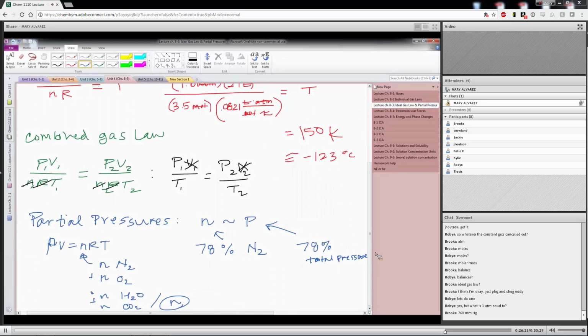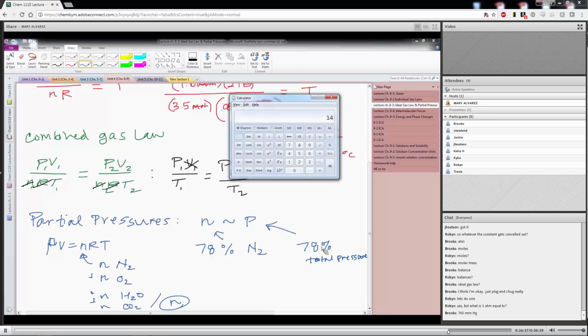So if, for instance, the air pressure on our skin at any given time is 14 pounds per square inch, then 78% of that 14 pounds per square inch, or 11 pounds per square inch, comes from nitrogen molecules that are colliding with the surface of the skin. Does that kind of make sense? You guys following me conceptually, if not mathematically?